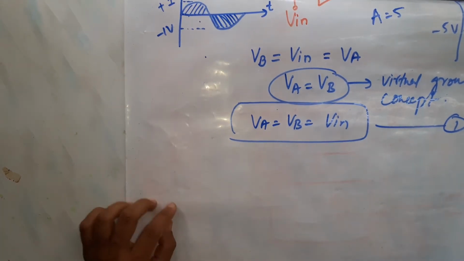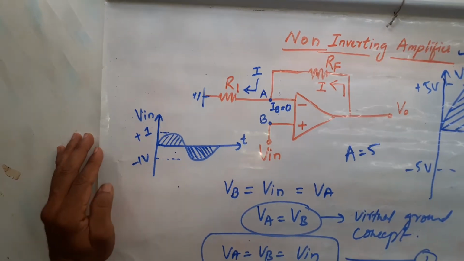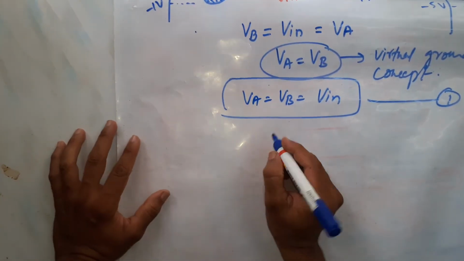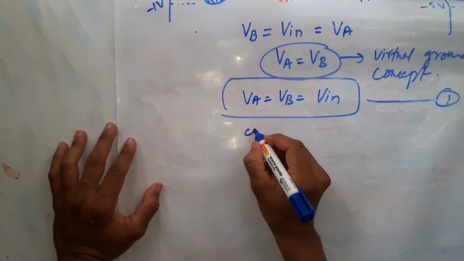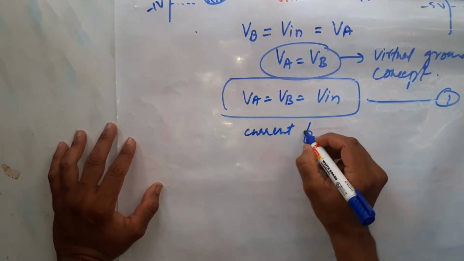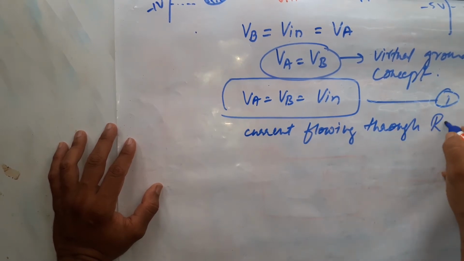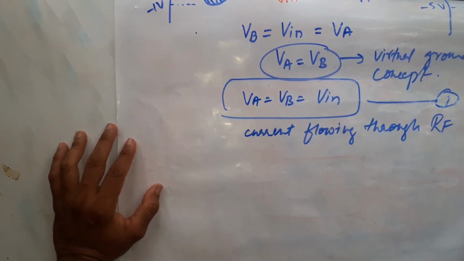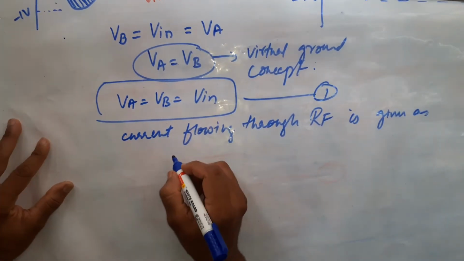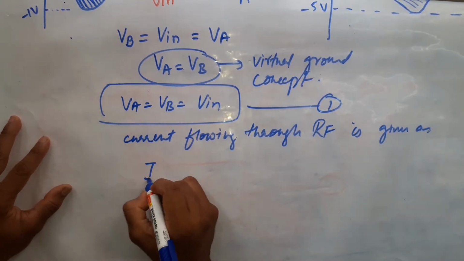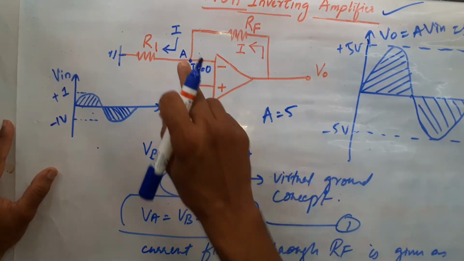Then let me write the current flowing through resistor RF. The current flowing through RF is given as I. See here, RF is between V0 and VA, right?